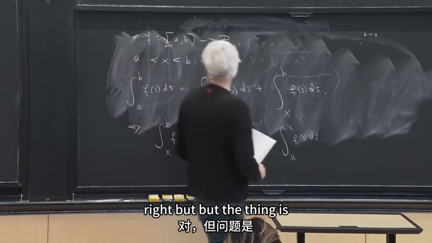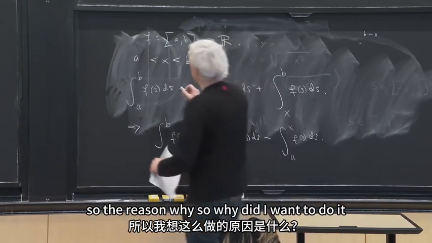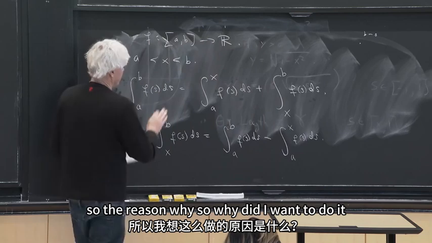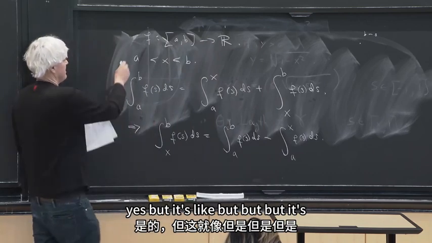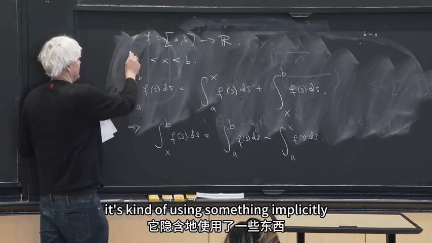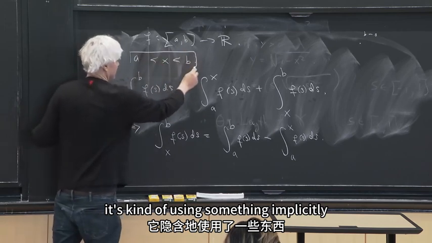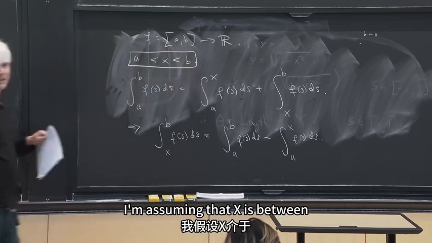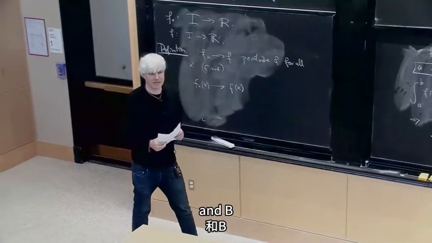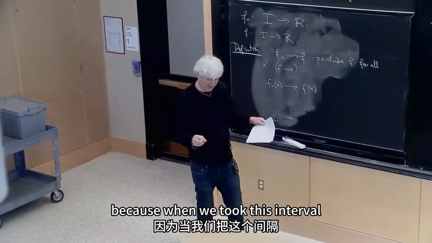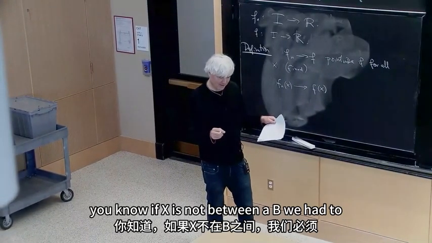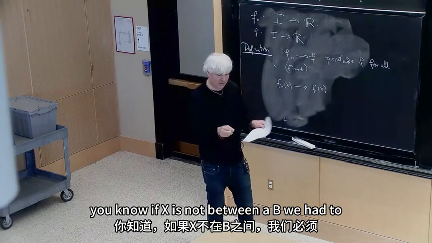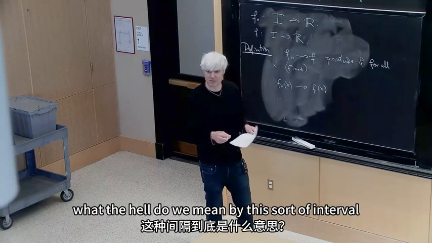And then, right, but the thing is, why did I want to do it? It's kind of using something implicitly. You see what I mean? I'm assuming that x is between a and b, because when we took this interval, if x is not between a and b, we had to figure out what we mean by this sort of integral.